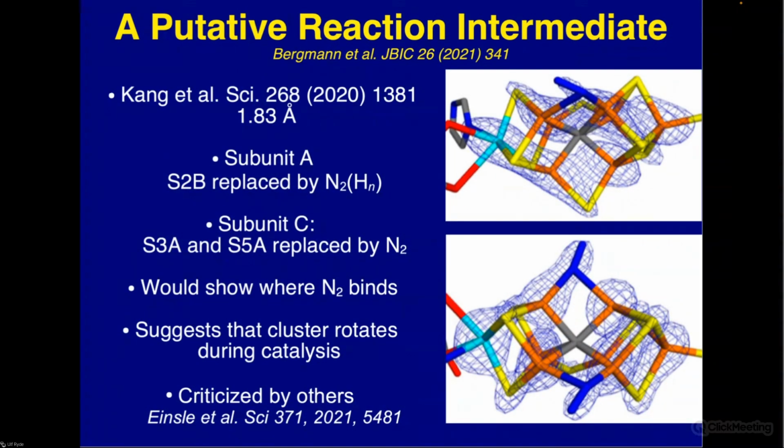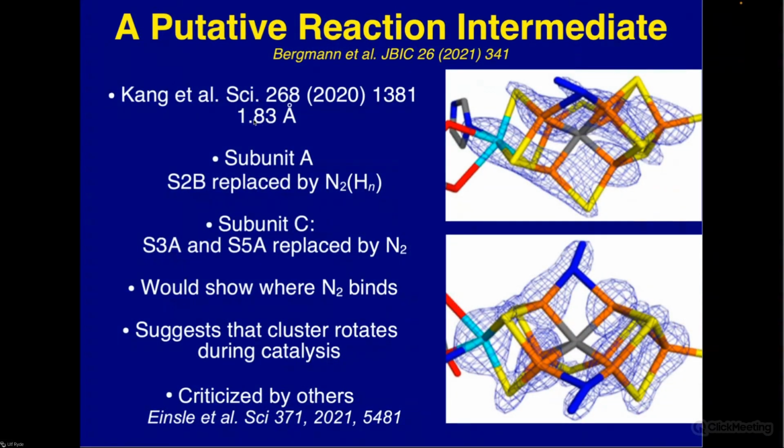And the strange thing was that in one subunit, they saw 1 N2 molecule replacing a sulfide ion. And in the other subunit, they saw 2 N2 molecules replacing the other 2 of these bridging sulfide ions, so these 2. But you can also see that the structure looks quite strange. The electron densities are very anisotropic, and the structure, which was at 1.8 angstrom, that's only in one direction, whereas in the other direction it's almost 1 angstrom worse.